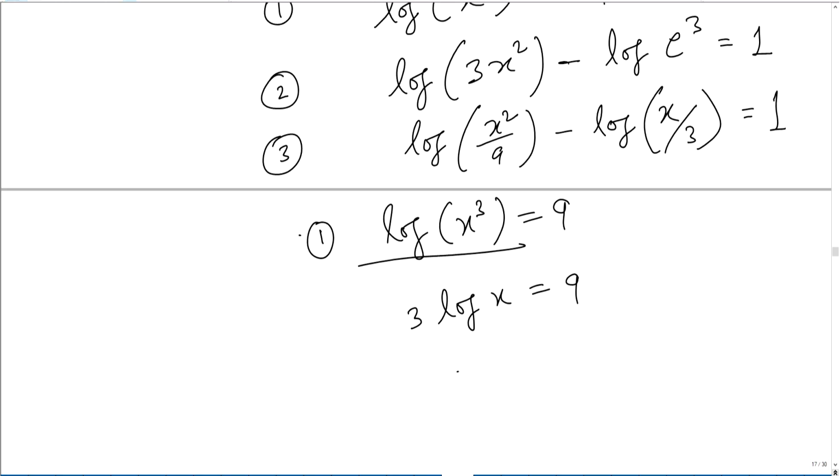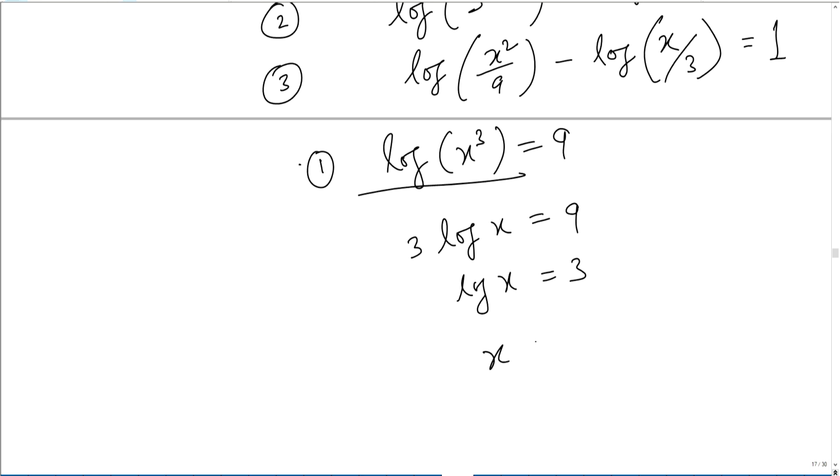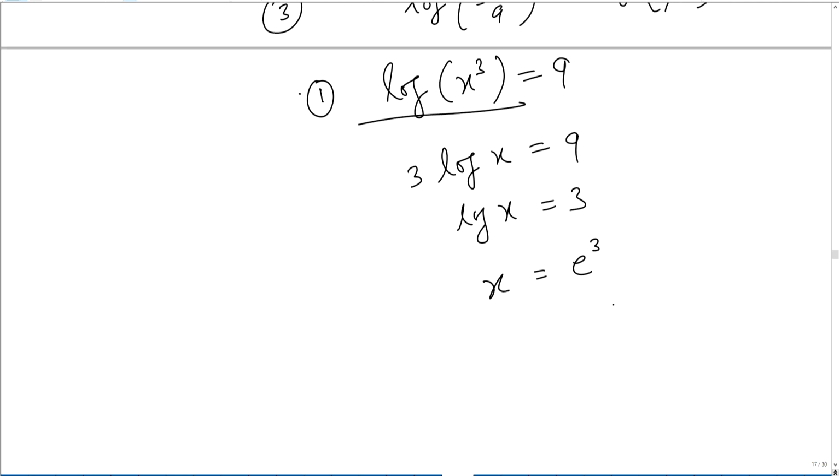This is equal to 9. That means log x equals 9 by 3, which is 3. That means x would be equal to e to the power 3. And you can compute this number. This would come around, let's say, 9, 10 or something. So, that is our solution.